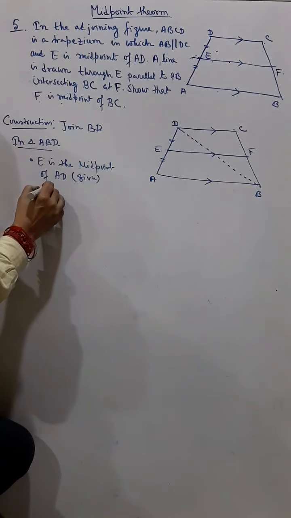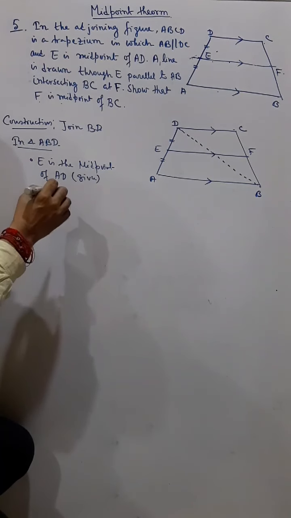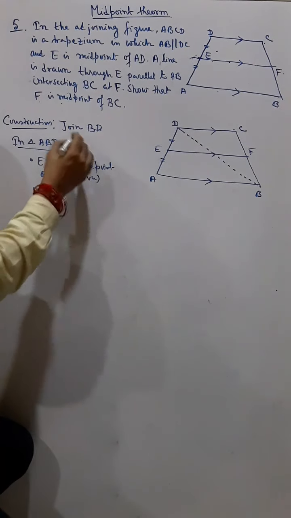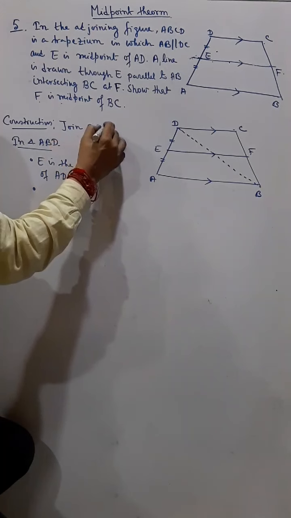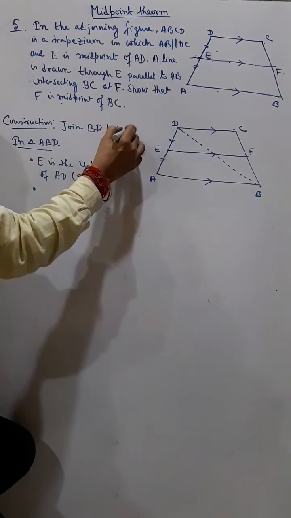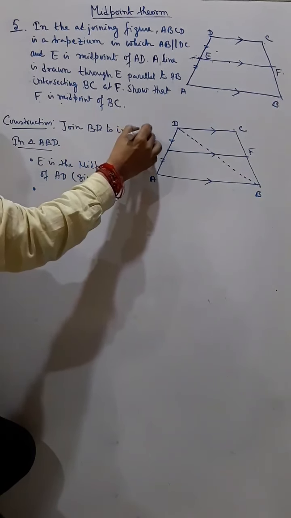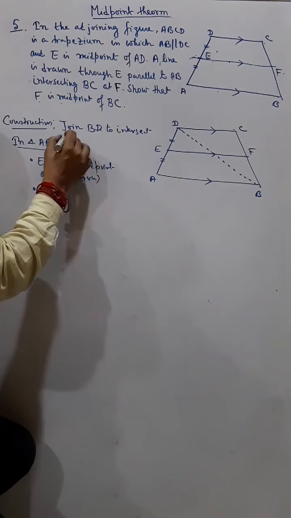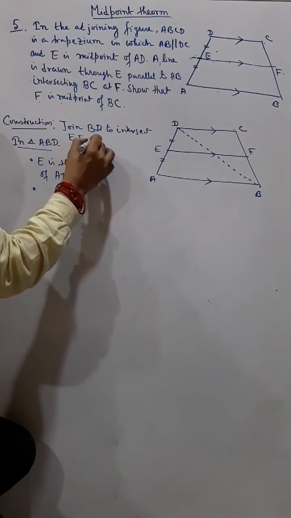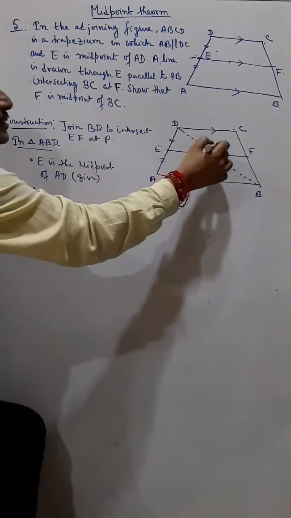Better to write: join BD, construction, to intersect EF at P. Suppose this is P.